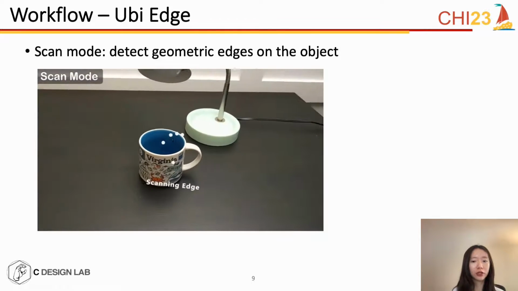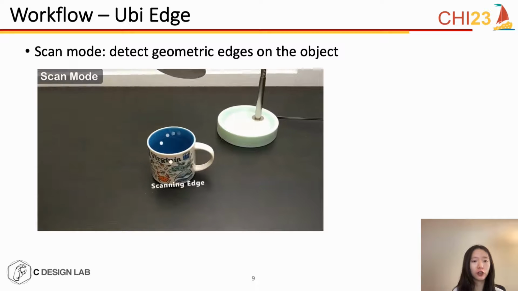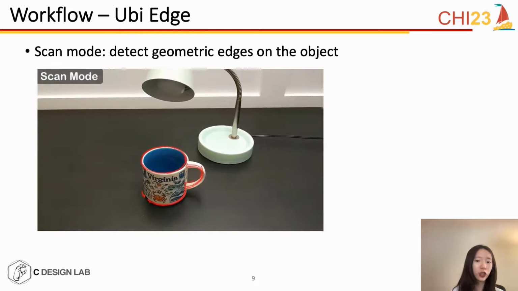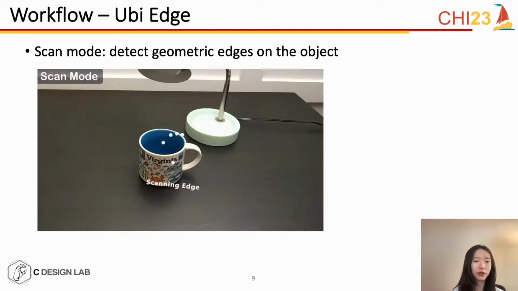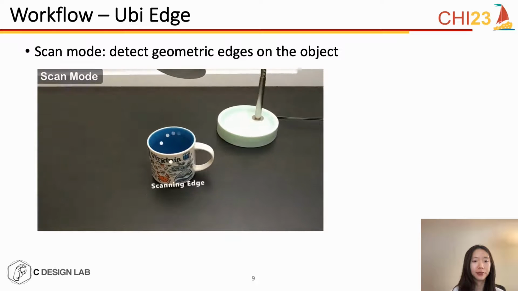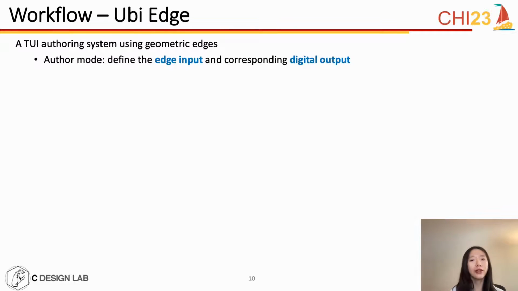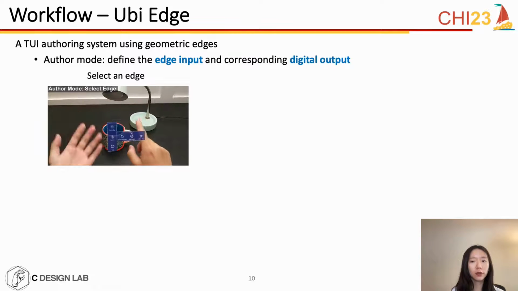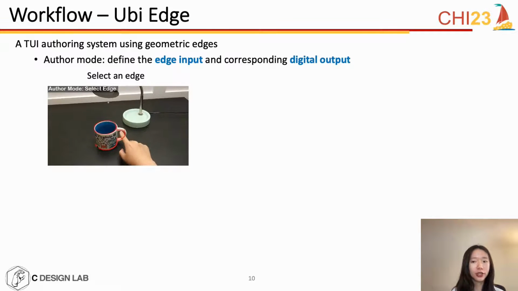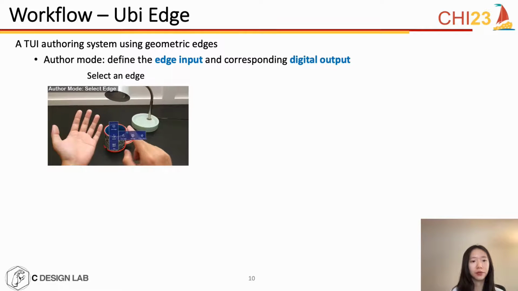Then our system captures the RGBD information of the object to extract geometry edge points on the object. Next, the user enters authoring mode to define the edge of interest by simply using the index finger to slide along the handle.